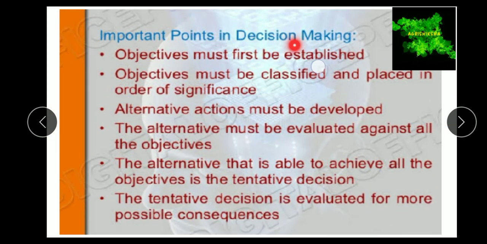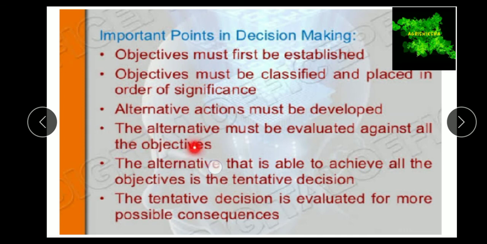Now, what are the important points in decision making? First, the objective must be established. Then the objective must be classified and placed in order of significance. Alternative actions must be developed, whatever the alternatives on which we have to do evaluation, that should be developed.